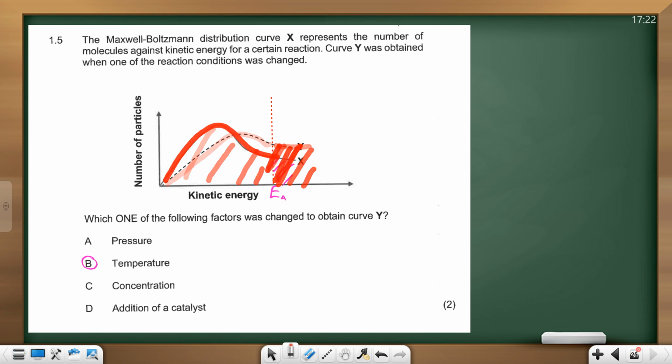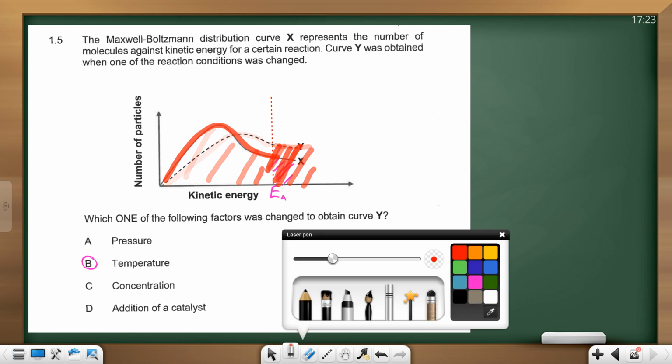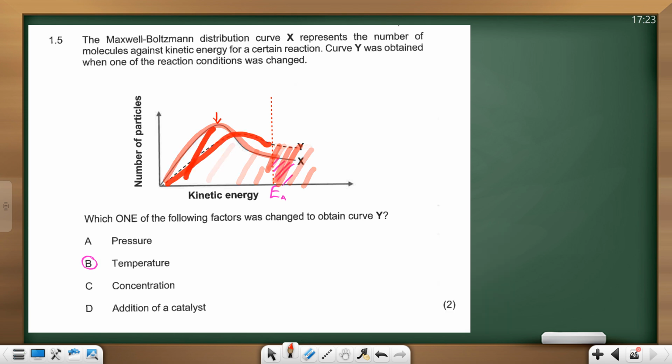That's done with temperature. So with temperature, don't be deceived. The one that is looking high is the low temperature. The one that is looking low is the high temperature. Because with high temperature, more particles have moved from inside to outside.